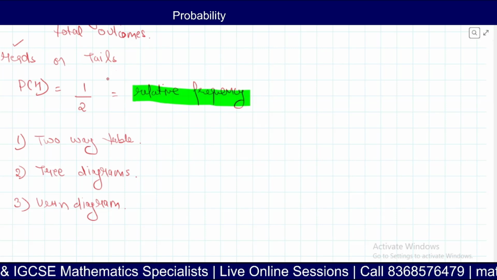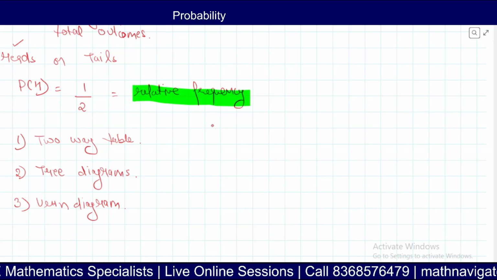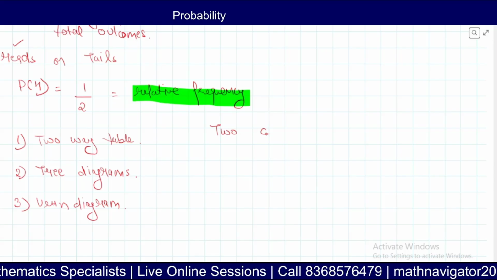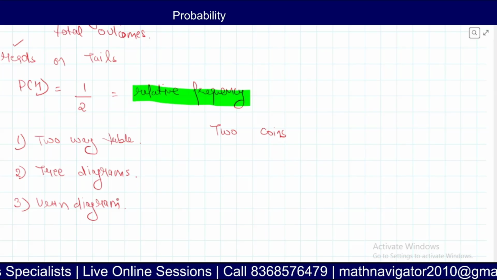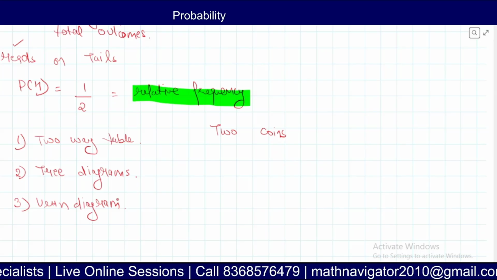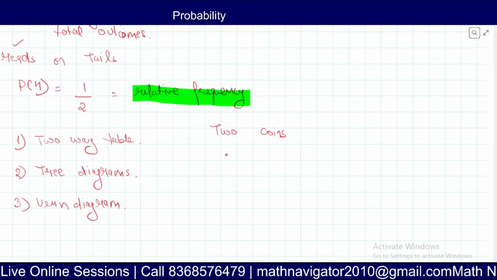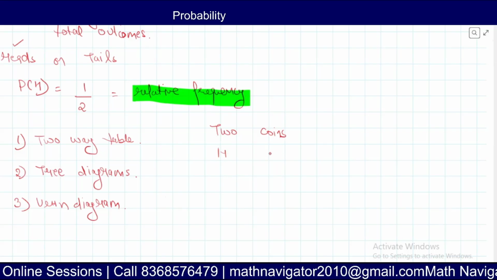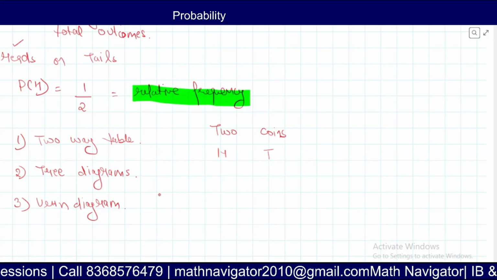So first let's talk about what is a two-way table and how it is used. Let's say you toss two coins, right? Two coins means you are tossing a coin one after the other. So on the first toss, it might be a head. Second time you toss a coin, it might be a tail, or vice versa, or two heads or two tails or whatever.